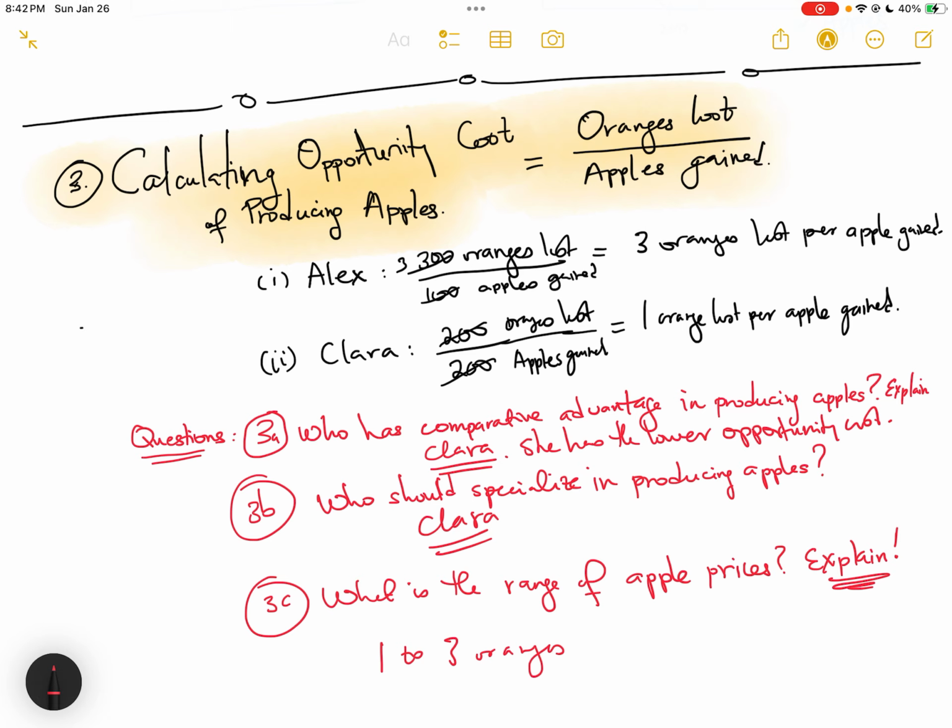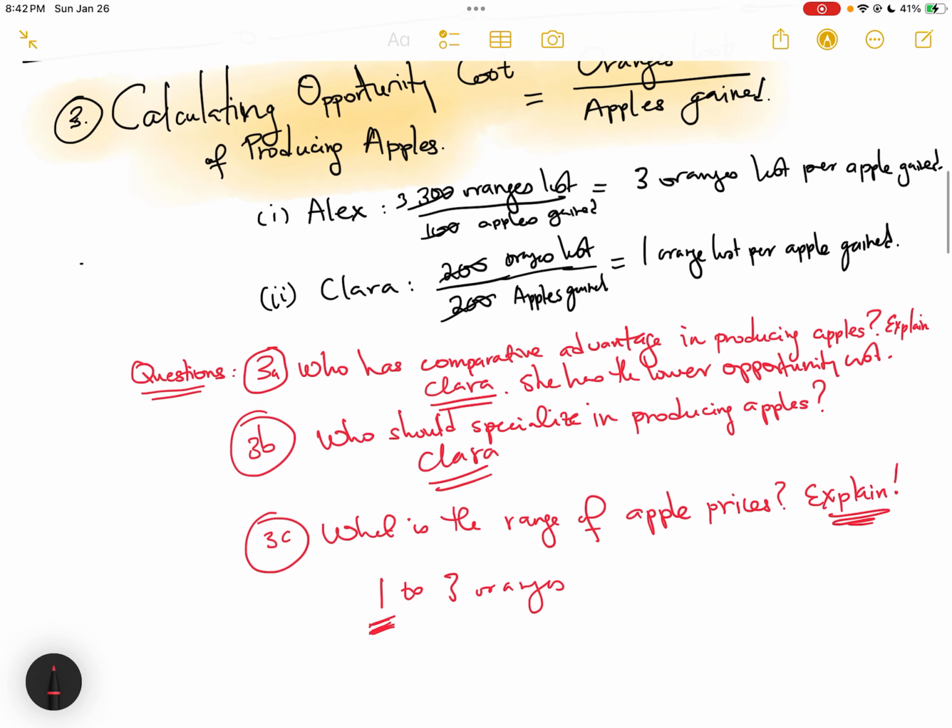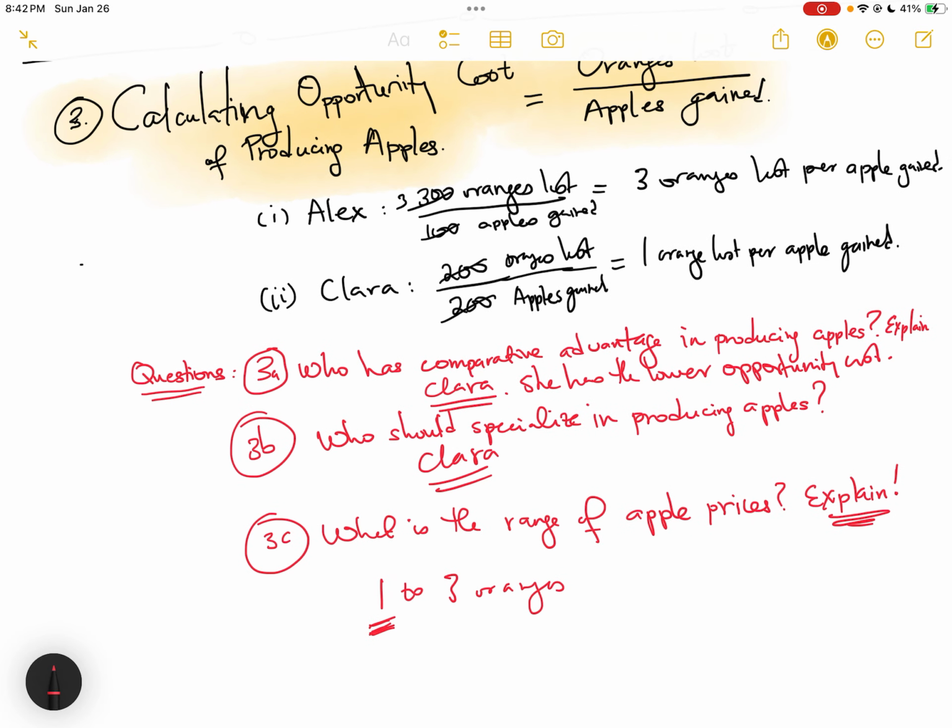Well, let's start from this perspective. Why is 1 the lower bound on this range of apple prices? To answer that, we need to know who is going to be specializing in apples and selling apples. It's Clara, right?